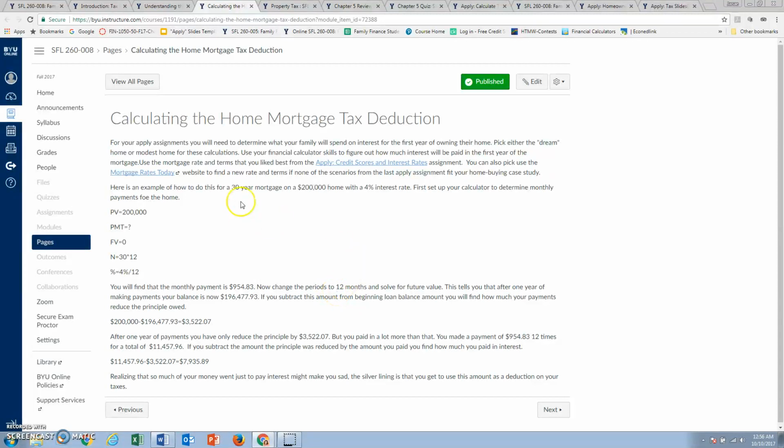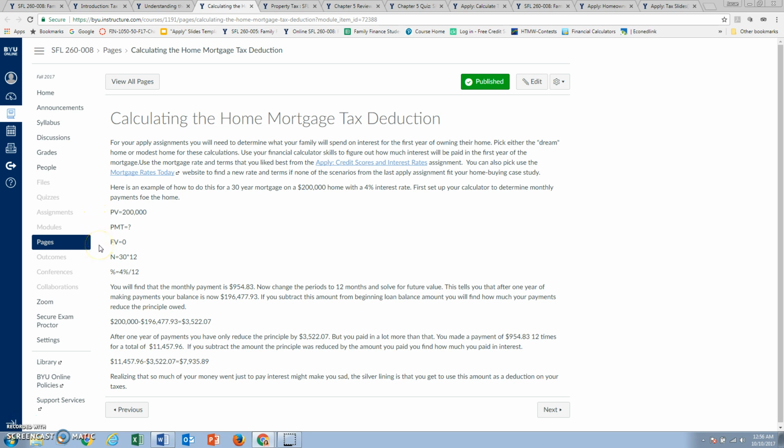So this is for the very first year in a 30-year mortgage, or the mortgage term that you pick. It could be a 15-year mortgage if that's the one you're selecting, but it's the very first year in your mortgage.